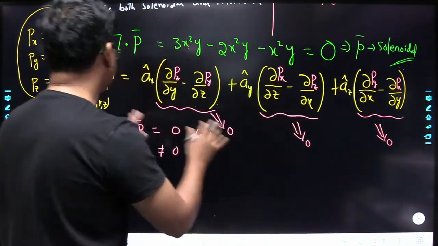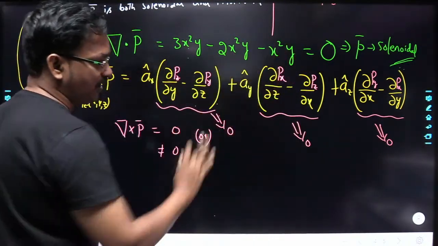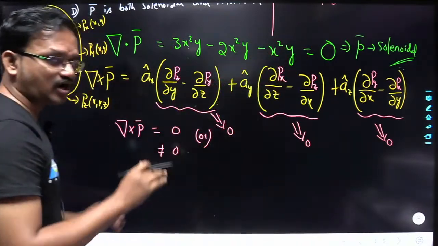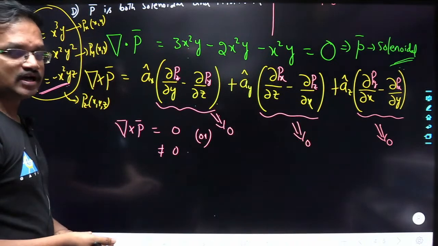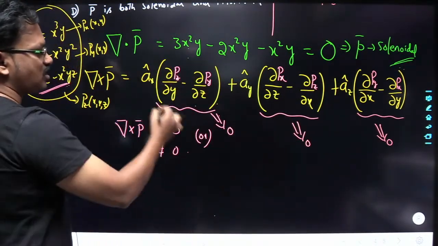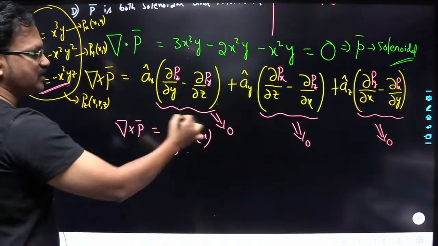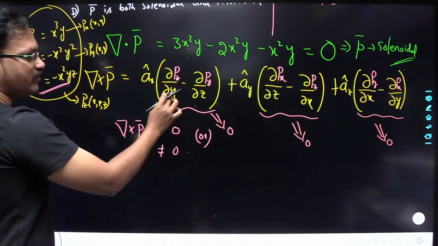So then only the curl of the vector field is equal to 0. If any one of this component is not equal to 0, then curl is not going to be equal to 0. Yes or no? Now what is the condition for the x component to become equal to 0? So this dou pz by dou y must be equal to what?